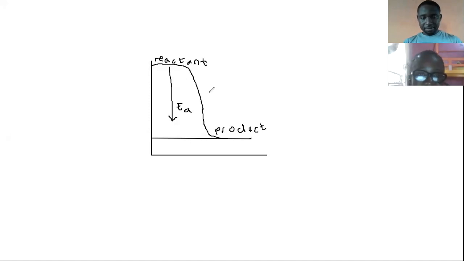Because... Why did you put the reactant here? The enthalpy of the product is less than the reactant.